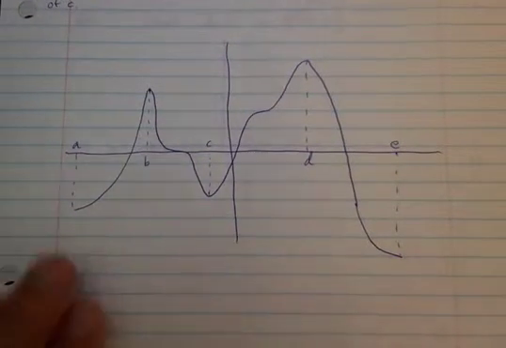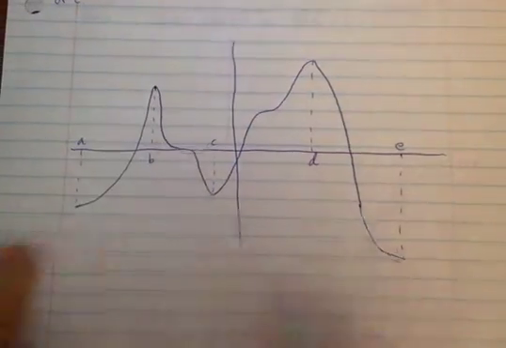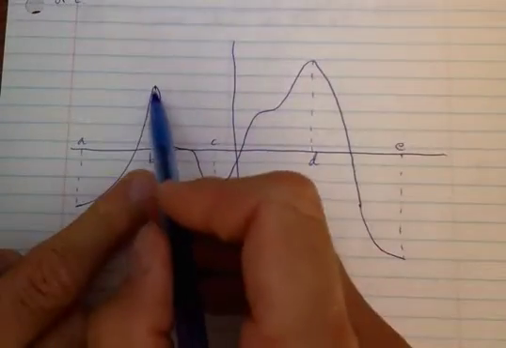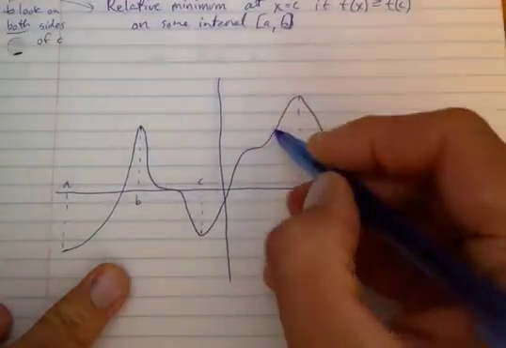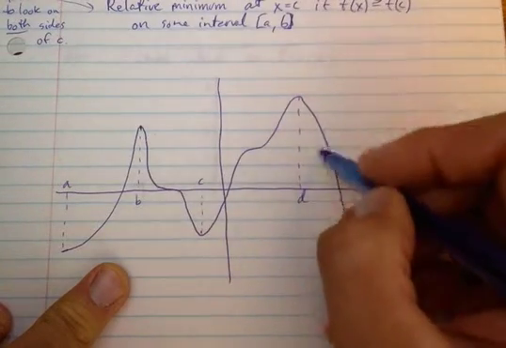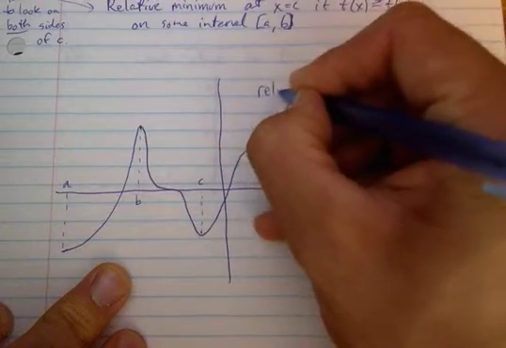For instance, what do we have at each of these points? Let's go to the easy ones first. What about D? Well, we choose some interval around it. We say, okay, that's definitely a relative maximum.